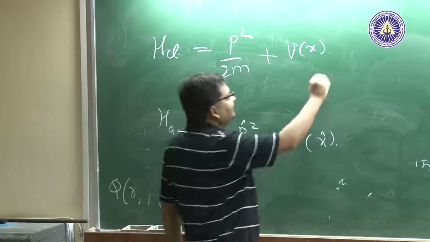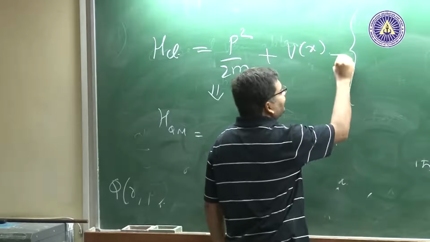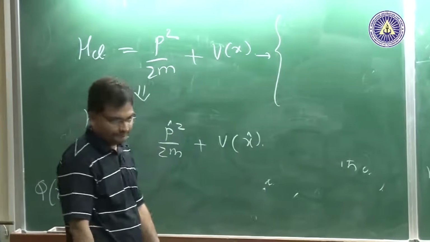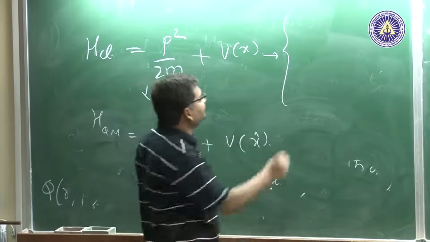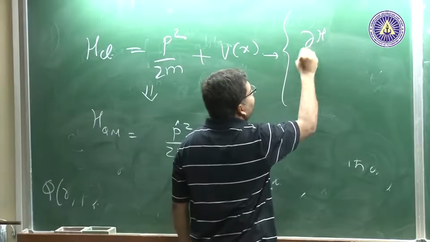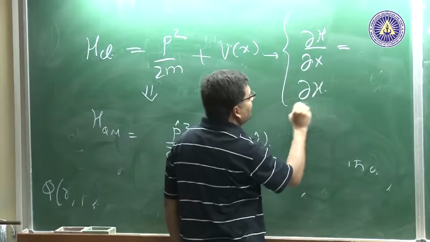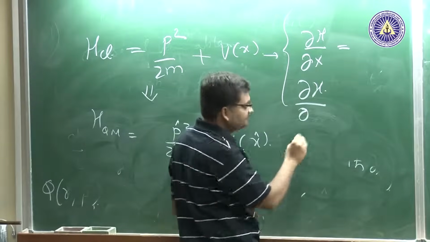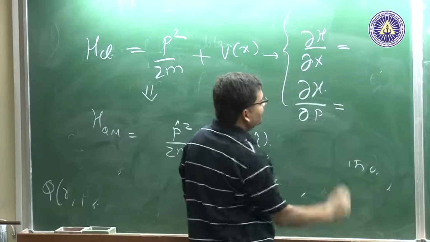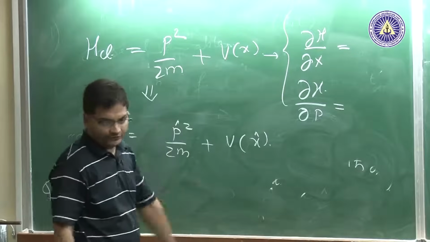Now in classical mechanics, we can write down the Hamiltonian equations of motion. So I have a p and an x, so ∂H/∂x is equal to something and ∂H/∂p is equal to something. Which one is which now? You have to tell me.